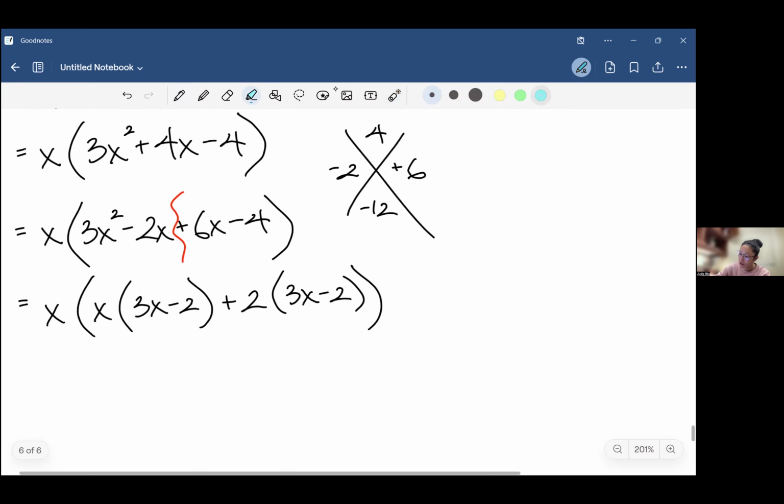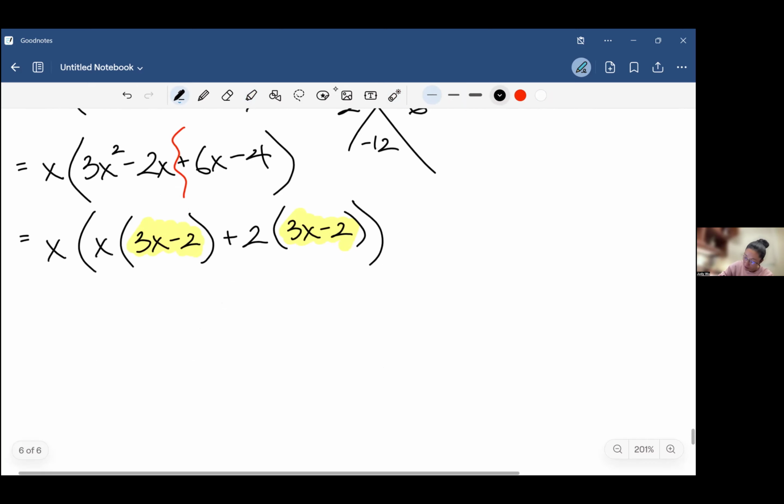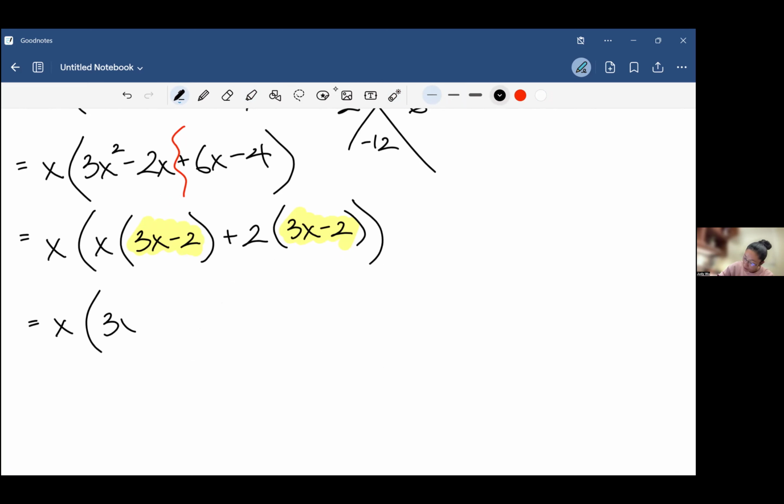Now this is a really good thing for us because 3x minus 2 is in both terms. And so I can factor this as x times (3x minus 2) times (x plus 2). Okay, and that's the x plus 2 that goes right there.